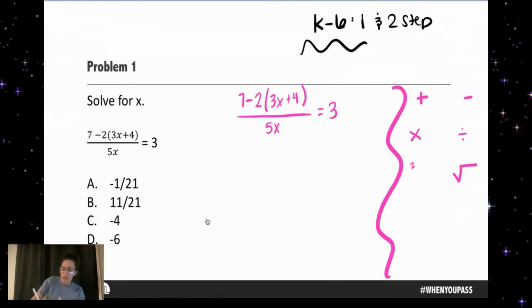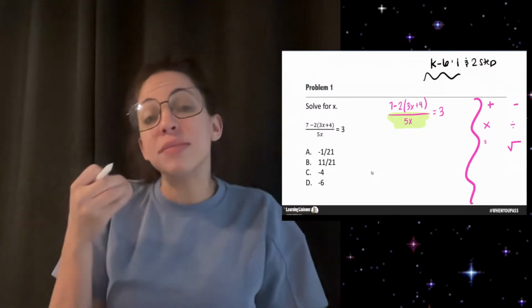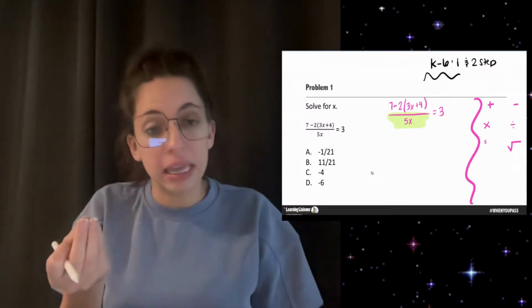So in this case, in order to unlock this numerator, which is in numerator jail, I have to undo this part right here. Well, what is that part? What's being done to the numerator? It's being divided by 5x. And sometimes when you don't know what's being done, reading it out loud can help you.